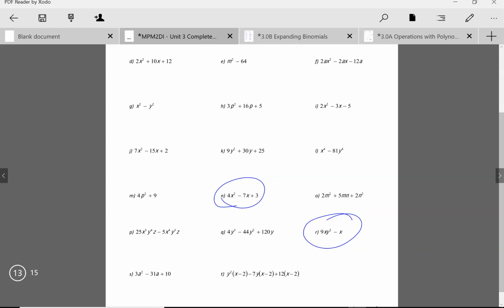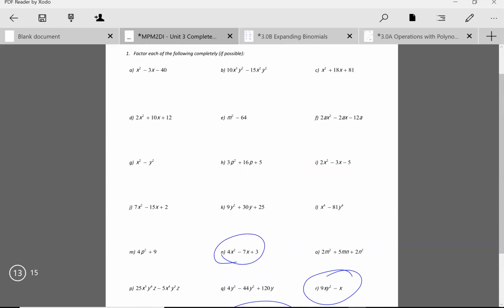For homework, I'd like to see question number R, and you could give T a try if you're feeling up for the challenge. All these look too easy. This is an easy one, but you can try it just in case you've forgotten how to do questions like that.